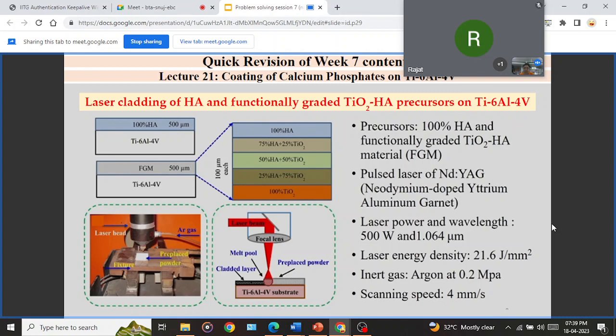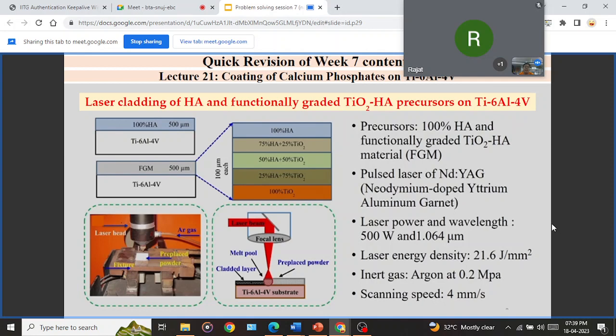So what we do is, the titania substrate is kept on one end, and through a laser beam, the cladding or surface modification occurs. A pulsed Nd-YAG laser, that is neodymium doped yttrium aluminium garnet, is used.